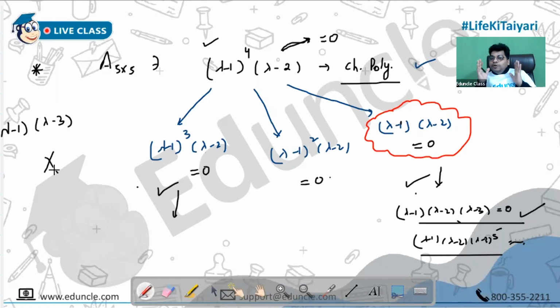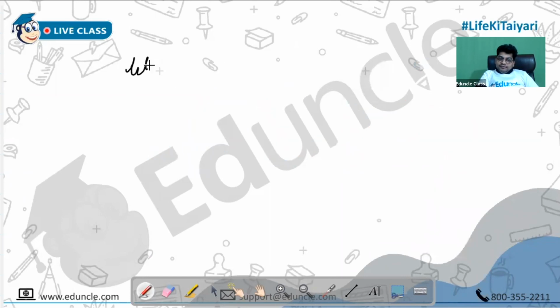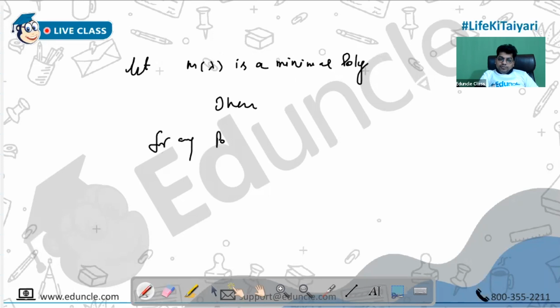In very simple language, let m(lambda) be a minimal polynomial, then for any polynomial g(lambda), m(lambda) times g(lambda) is an annihilating polynomial.